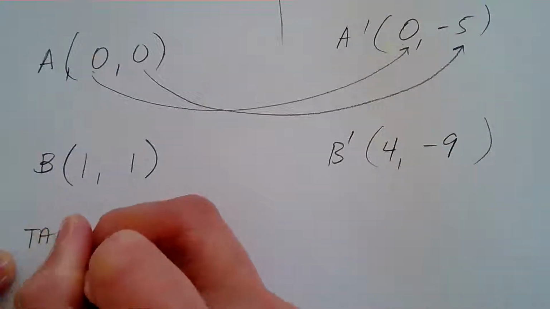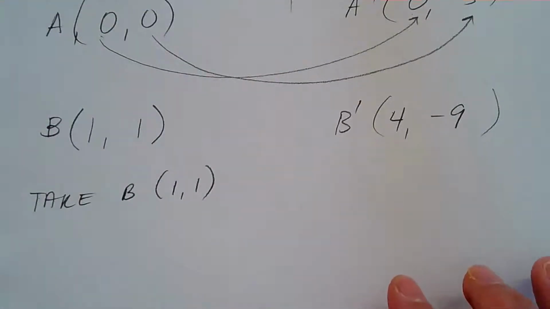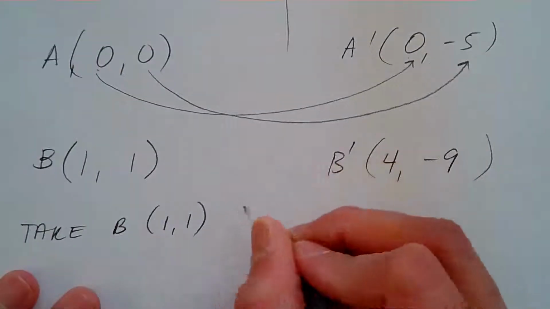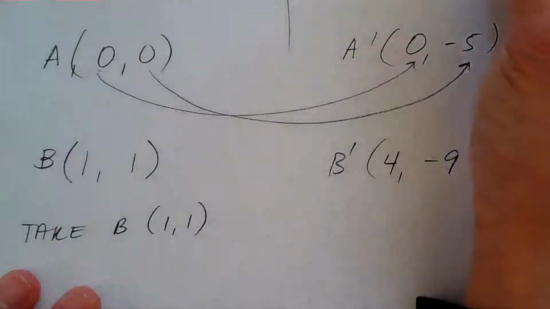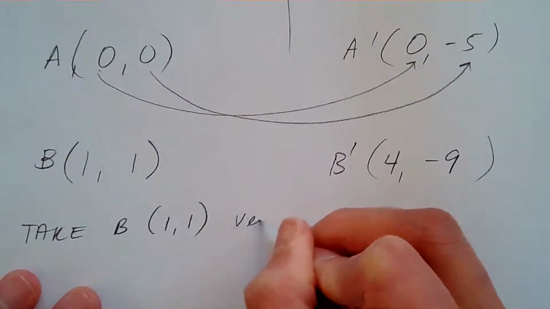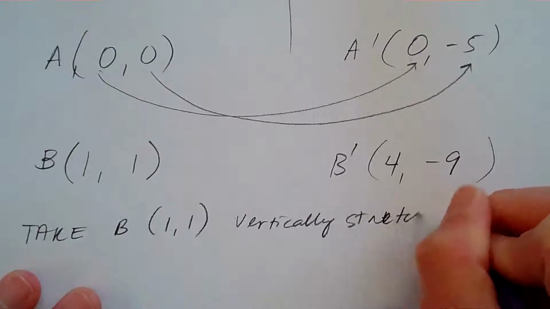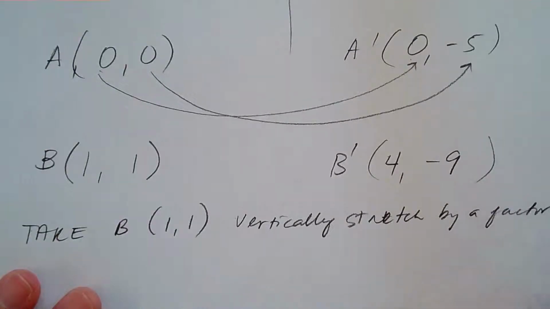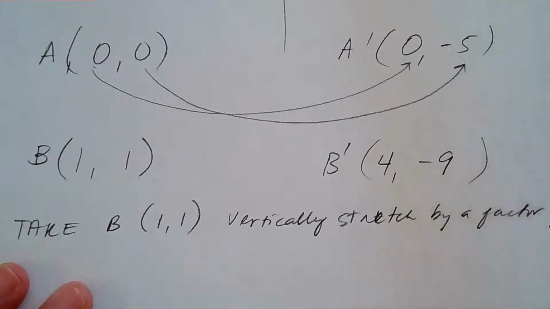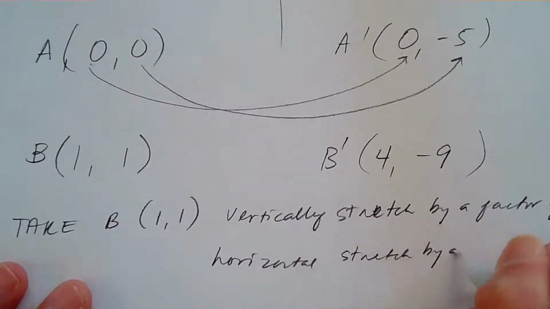We're going to take point B at 1, 1, and vertically stretch by a factor of -4, and horizontally stretch by a factor of 4.